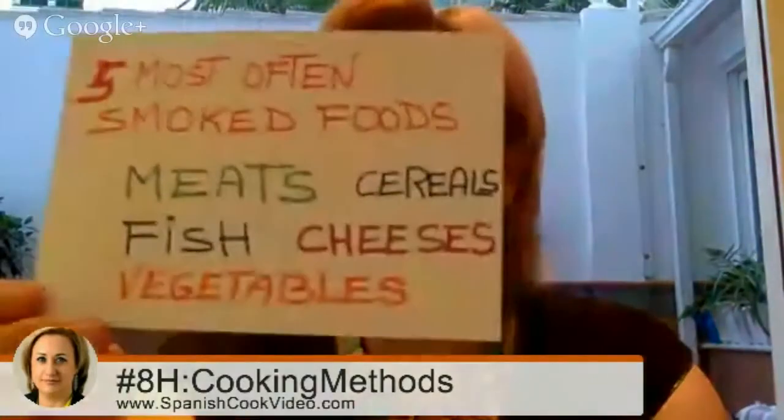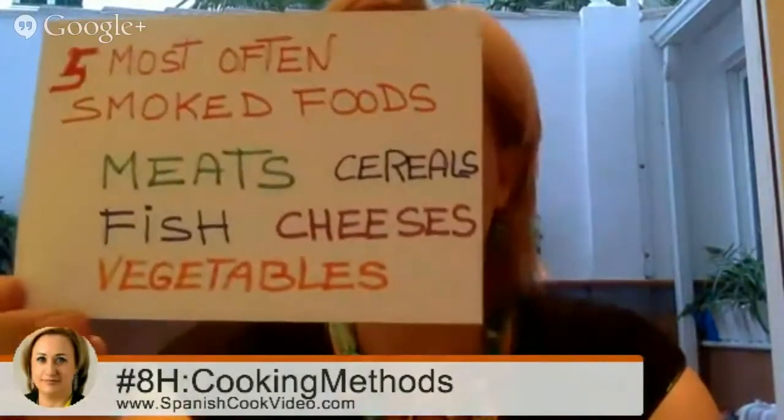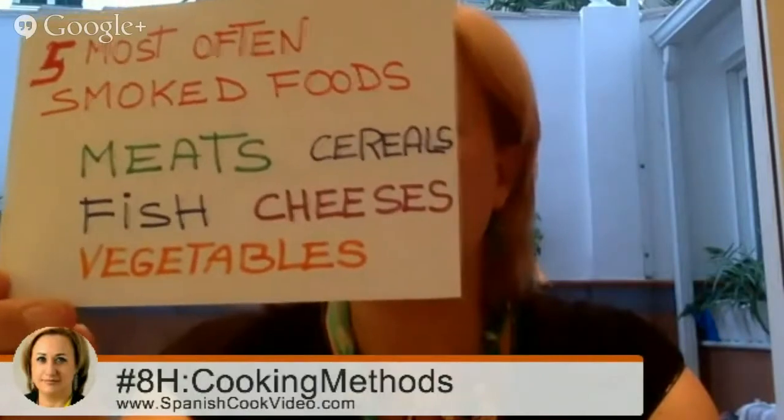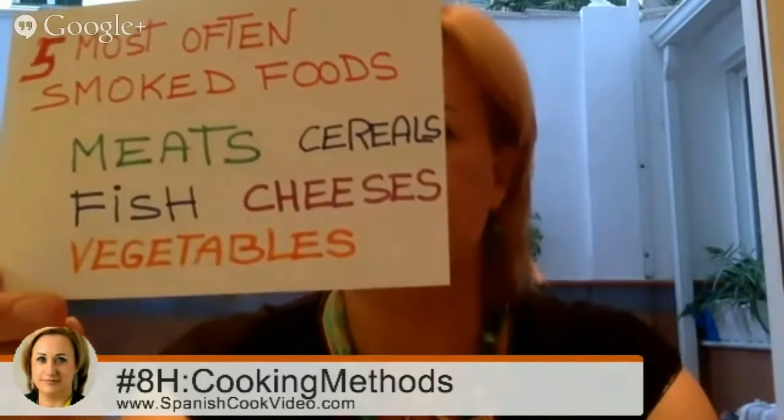Mostly there are 5 types of food that are smoked: meats, fish, cheeses, vegetables, and cereals, and others to make beverages such as beer.